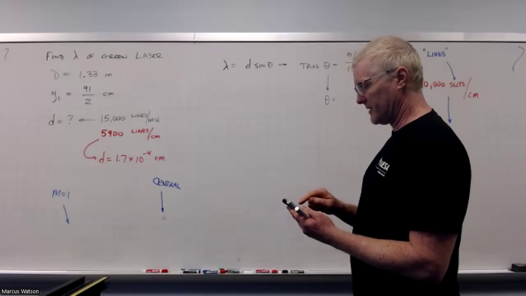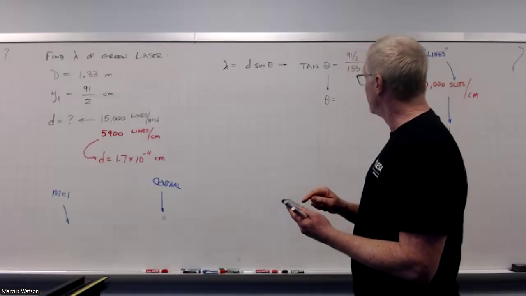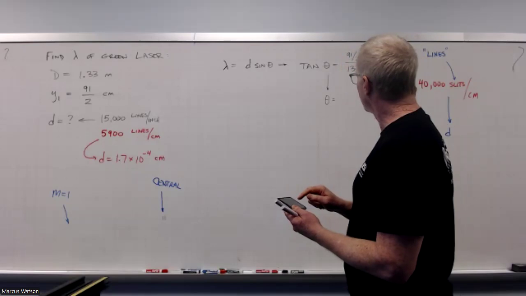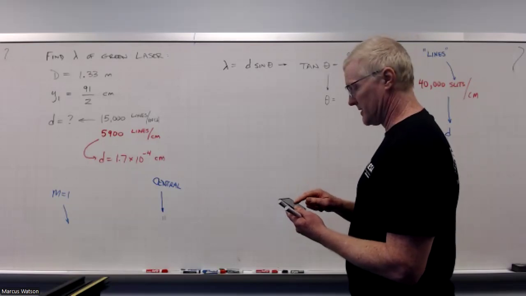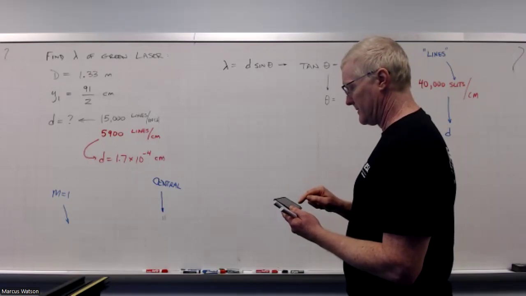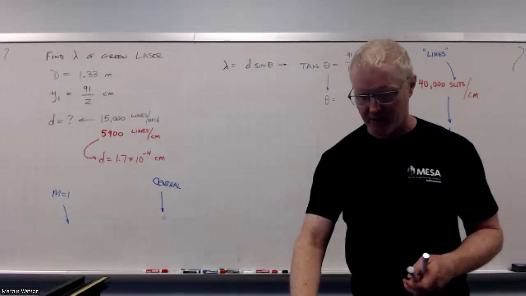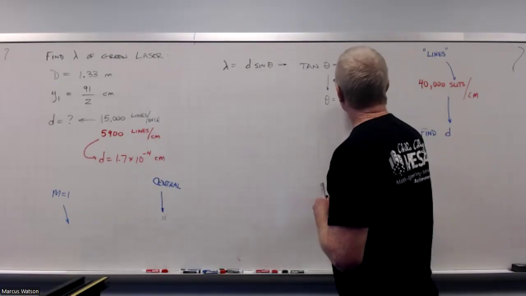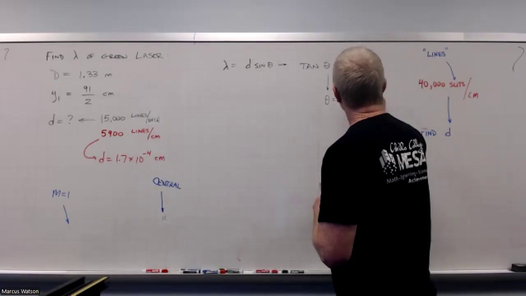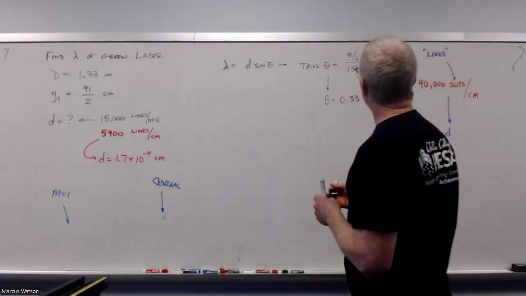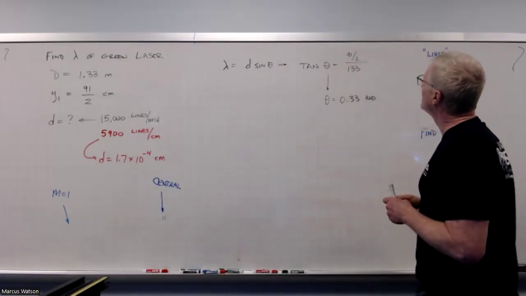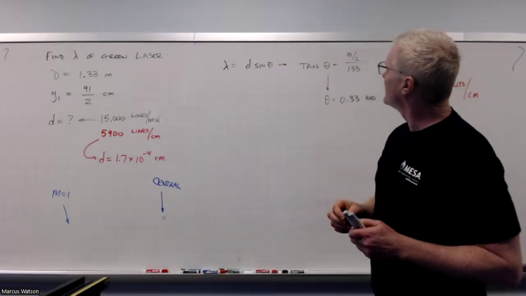Now I'm going to put my calculator into radians, and that's the tangent, so I need the inverse tangent of that number. So that's 0.33 radians. Still small. 91 over 2 divided by 133.